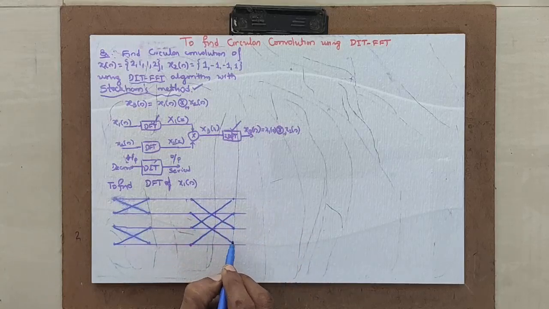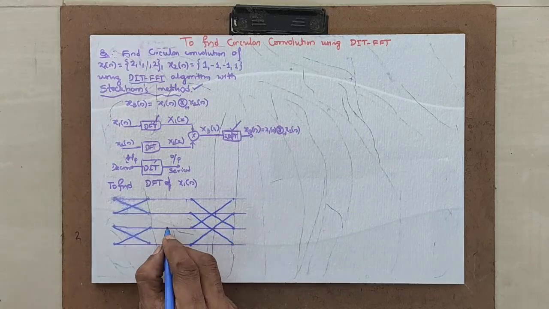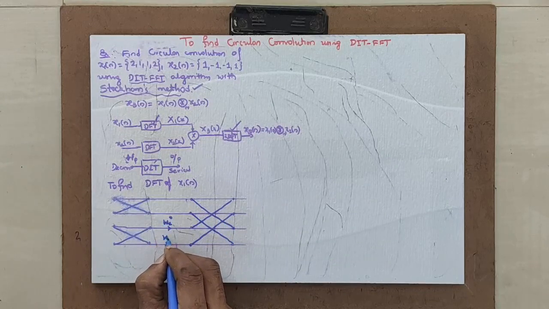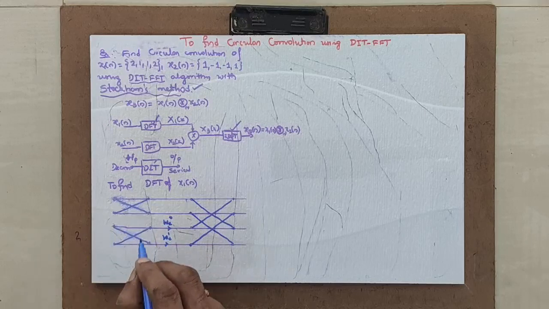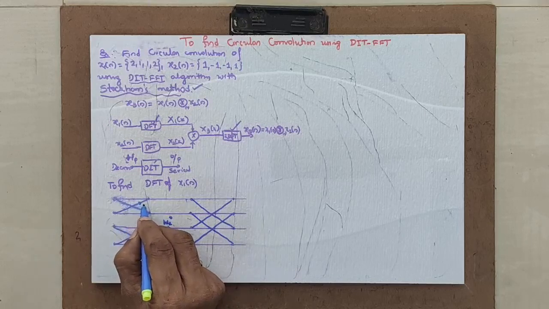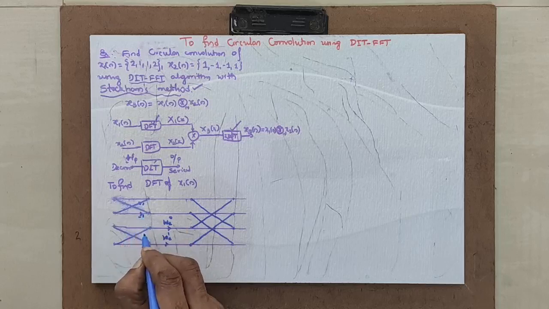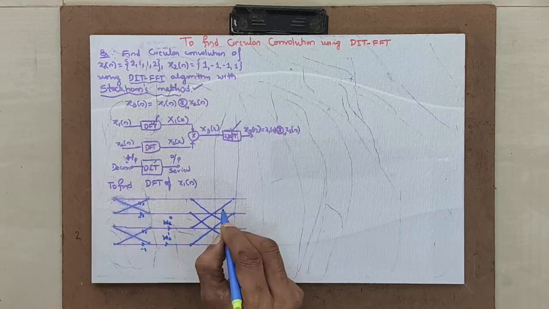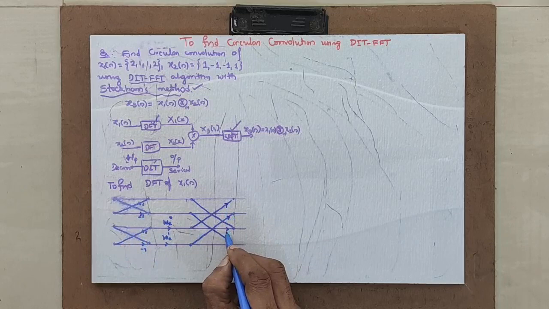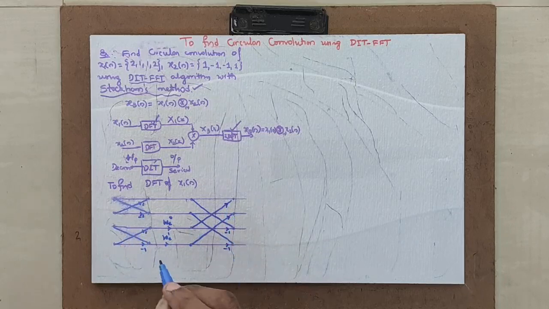By this time you should be very fast in doing this. Here W4 0, here W4 1, because I am finding DFT. Here 1, -1, 1 and -1, here -1. I am just indicating -1.